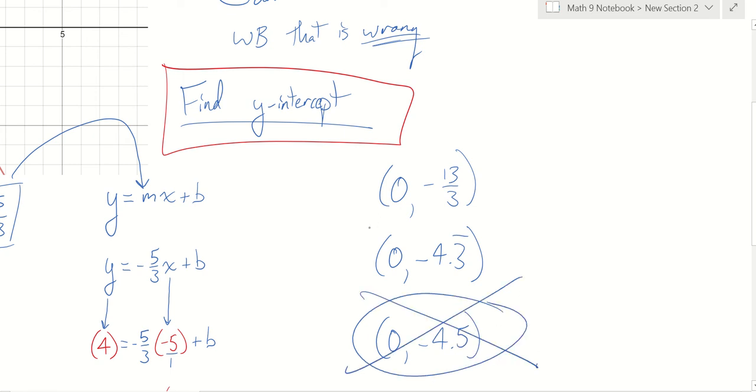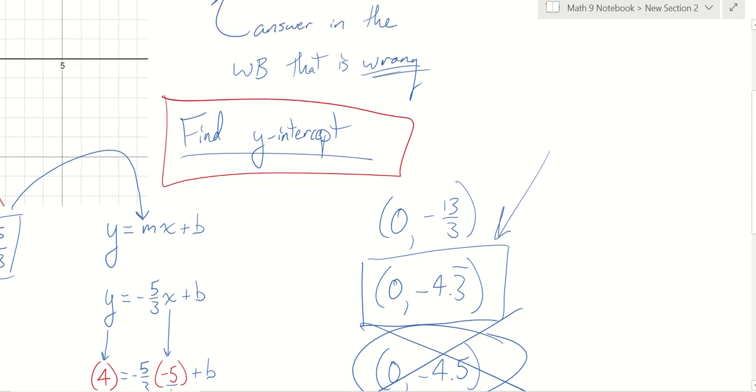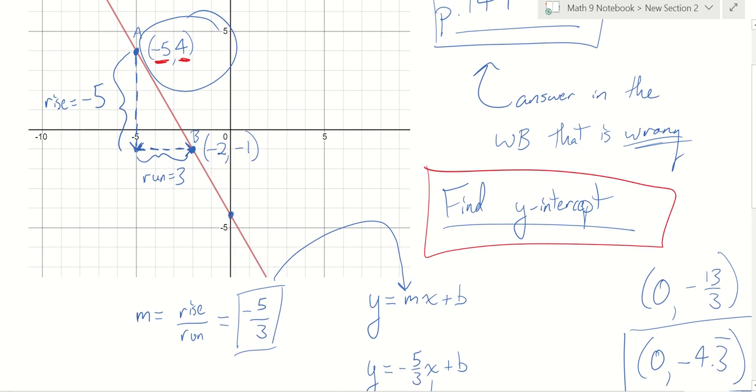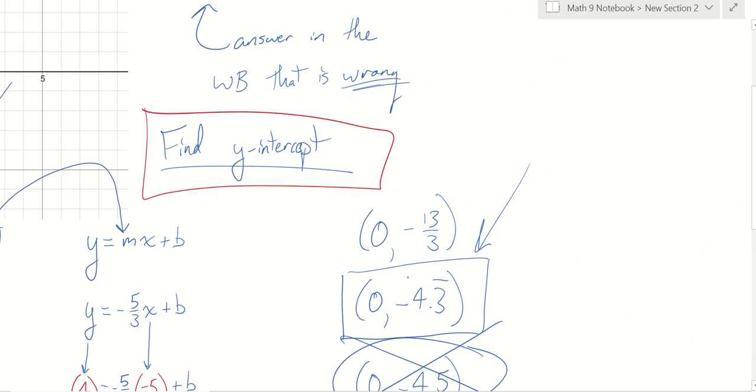So we have a superior answer here. We have an answer that is actually representative of this line where it crosses the y-axis. It's not just a guess. We know for sure that it crosses exactly at 0 and negative 13 over 3.